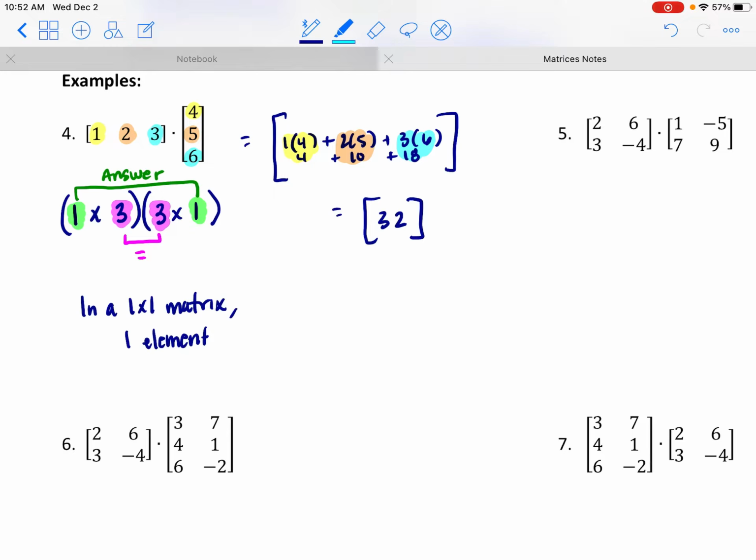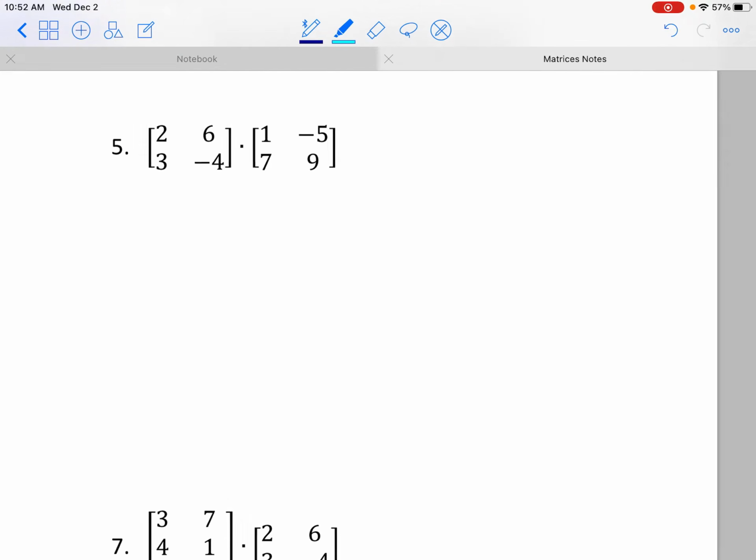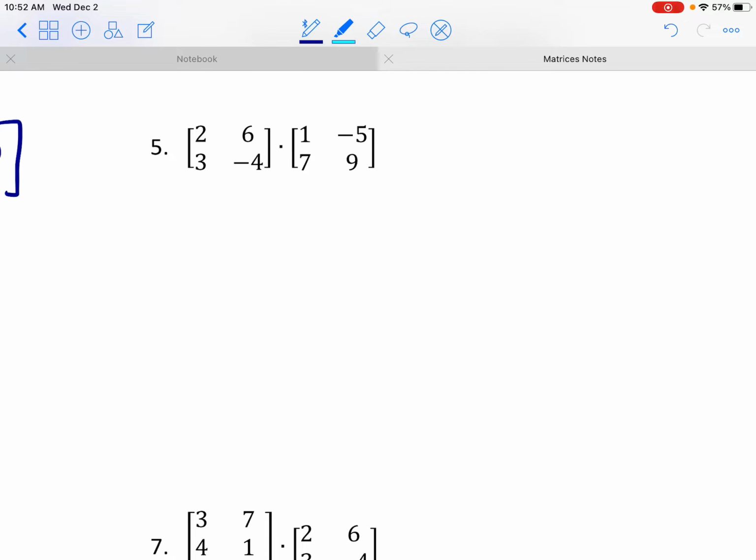All right, let's try another one. First, we need to identify whether or not this is going to be possible, and if it is, what our answer is going to look like. So this is a 2 by 2 matrix, and we're multiplying by another 2 rows by 2 column matrix, so another 2 by 2. Obviously this is going to work.